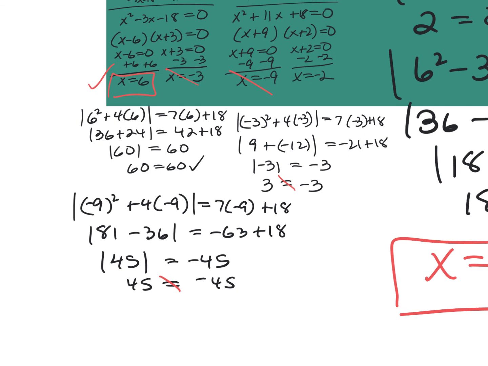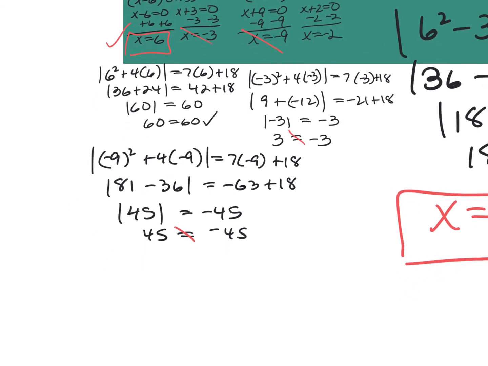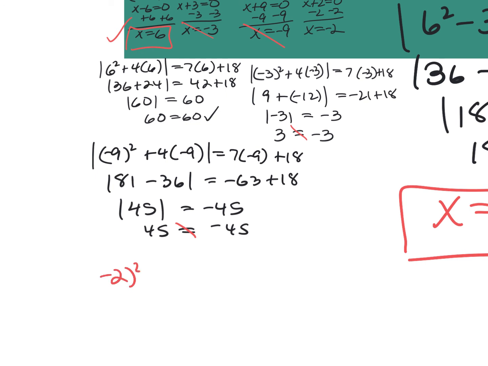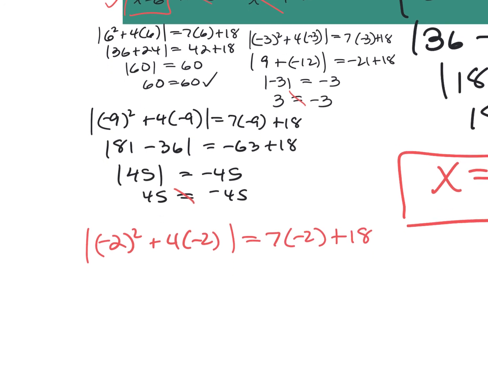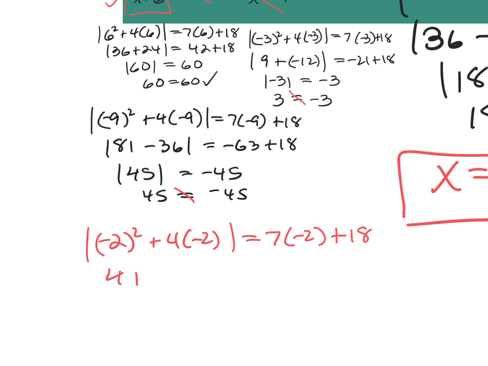And now check the negative 2. Negative 2 squared plus 4 times negative 2 equals 7 times negative 2 plus 18. 4 plus negative 8, negative 14 plus 18, negative 4, equals 4.